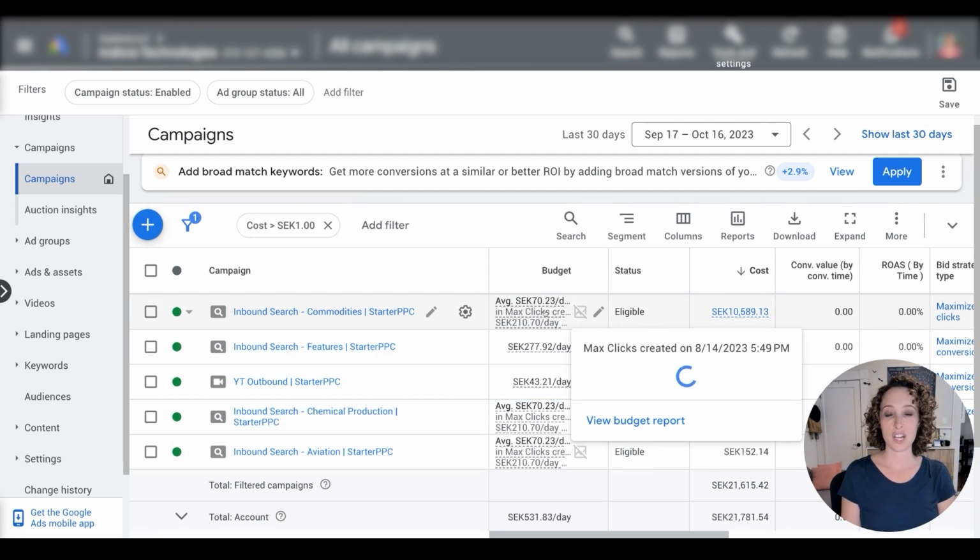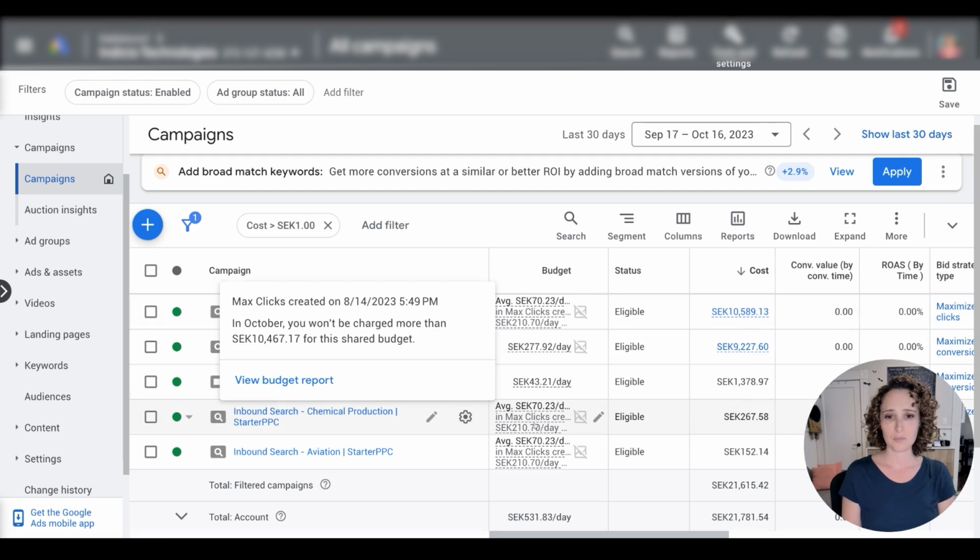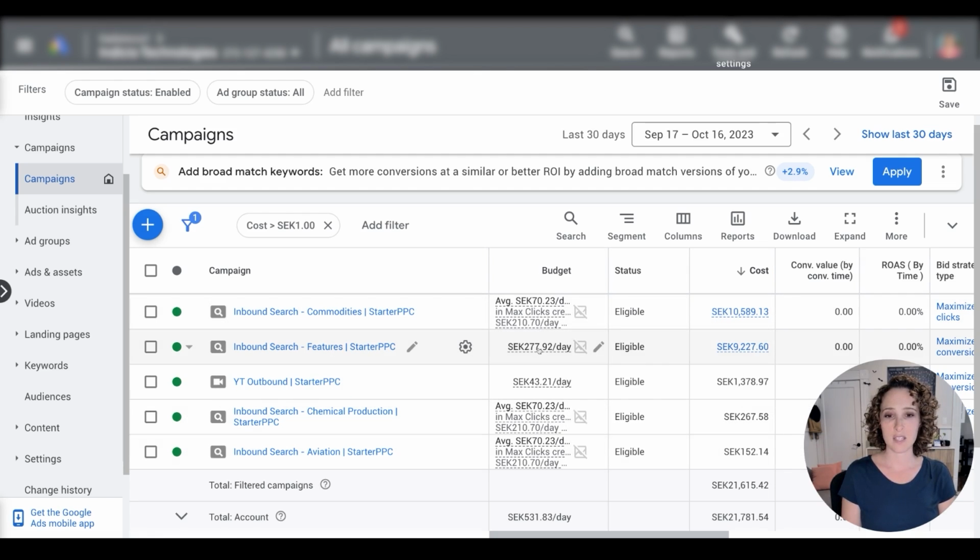So right now we're sharing budgets. These 3 share a budget, and then this one has its own dedicated budget because there's more market size for general and non-industry specific. So we're going to use shared budgets to avoid splitting the budget, because when you have a limited budget, it's bad to just divide.